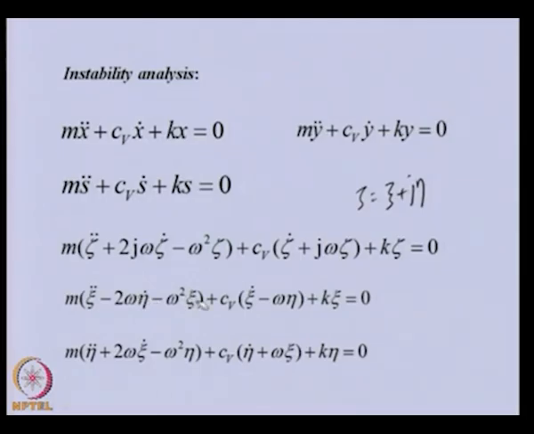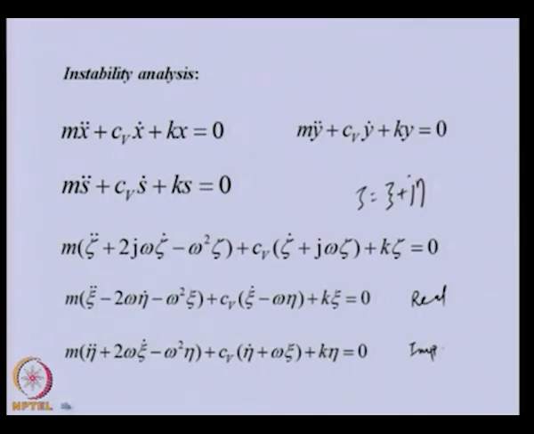Otherwise xi terms will be there at any other place. Wherever j is there, we will get the eta term, and we need to take care of the plus and minus signs. And this is as it is, only the real part we have considered. So this is the real part, and this is the imaginary part of this complex equation. So this equation is in the direction of xi, and this is the equation of motion of the rotor in the eta direction.